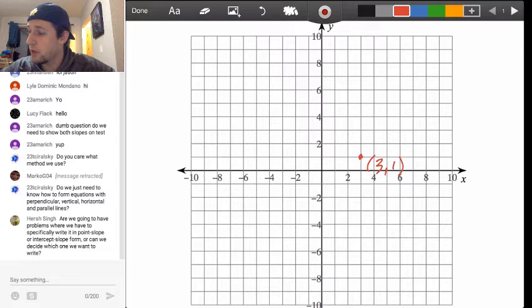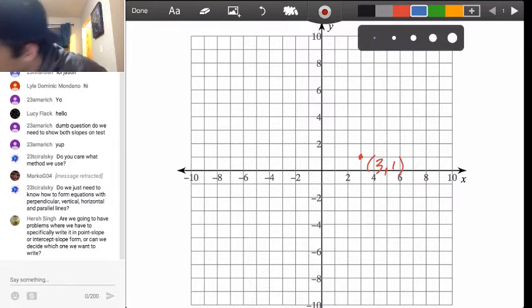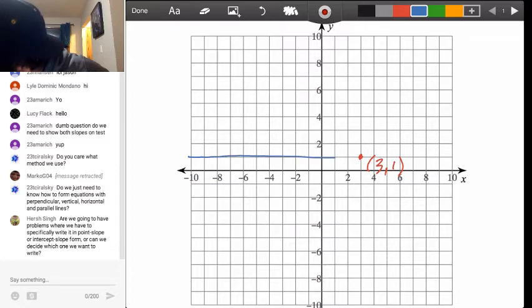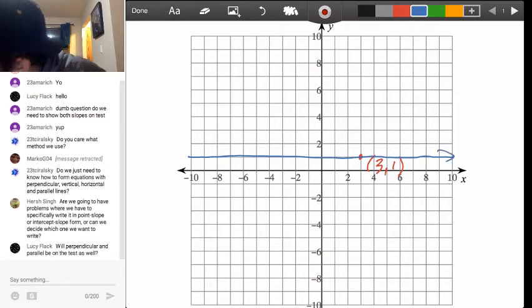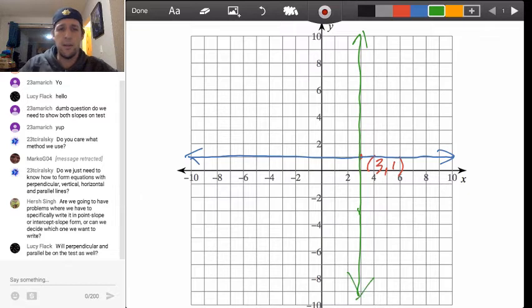We're going to look at a horizontal line that goes through that point, and we're going to look at a vertical line that goes through that point. And we want to know the equation of each.